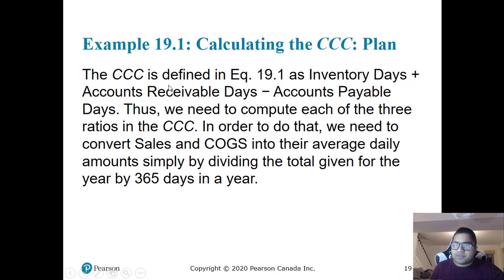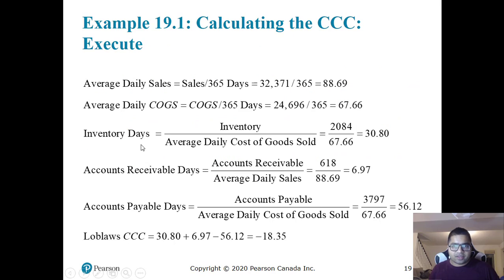So the cash conversion cycle is defined as inventory days plus account receivable days minus account payable days. Thus we need to compute each of these three ratios. In order to do that, we need to convert sales and COGS into daily averages, which we do by dividing by 365. So average daily sales is total sales divided by 365, and average daily COGS is total COGS divided by 365.